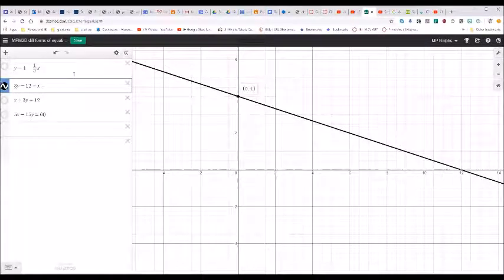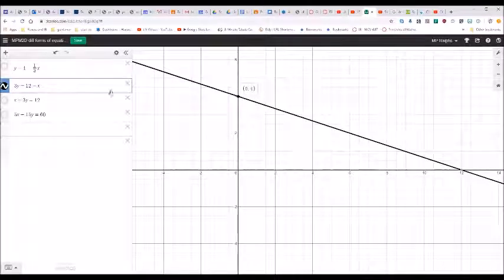Now I'm going to rearrange this equation, 3y equals 12 minus x, and add x to both sides. The negative x plus x on the right forms a zero pair, and we've got x plus 3y on the left, which gives us equation number 3, x plus 3y equals 12.